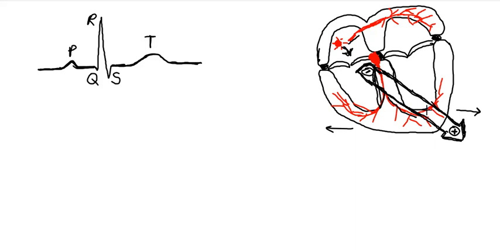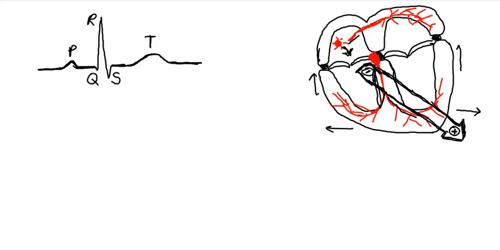Okay, it is the electrical vector of the left ventricle that shows up on the ECG machine, and thus we have this R wave. The electrical vector of the left ventricle is downwards and in this left direction, the direction of the cardiac vector, and that's why we have this positive deflection again. Okay, now the electrical impulse travels here in this area.